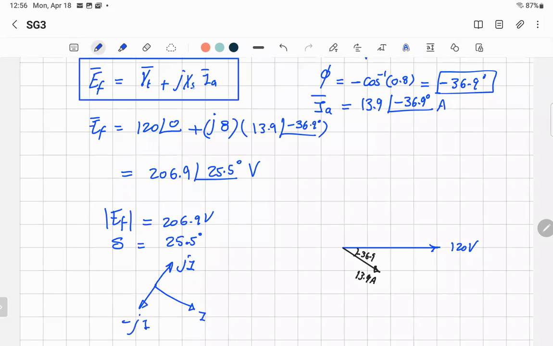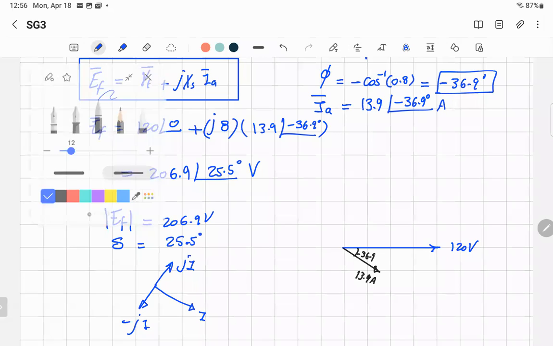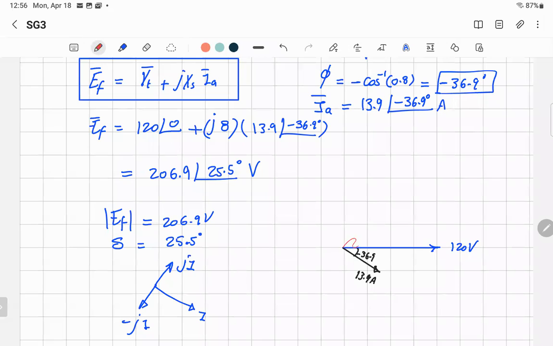All right. You have here jXIA. So that's I. If you extend the line of the current, that's I. So what is jI? It will be in this direction, right? If you make a perpendicular line to this one and continue here, on this solid red line you can measure your XSIA.